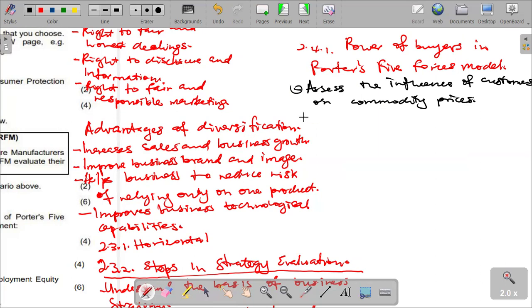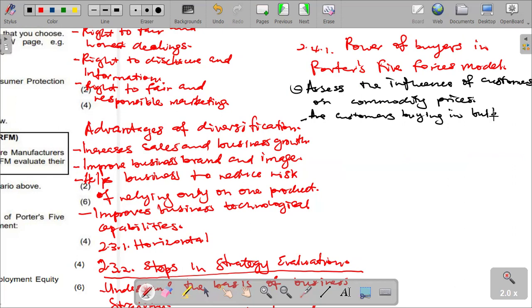We talk about consumer buying. Are the customers buying in bulk? And can they bargain for prices?